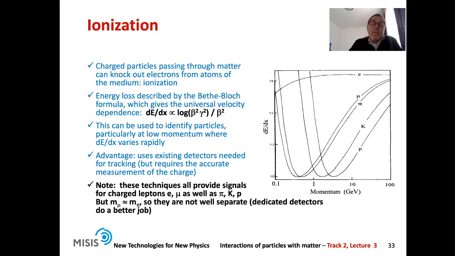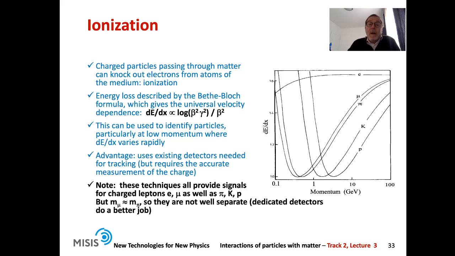Now let's discuss ionization. As you have already learned, charged particles passing through matter can knock out electrons from atoms of the medium, and it will produce ionization. The energy loss is described by the Bethe-Bloch formula, which explains the dependence between ionization losses dE/dx and velocity of the particle beta.